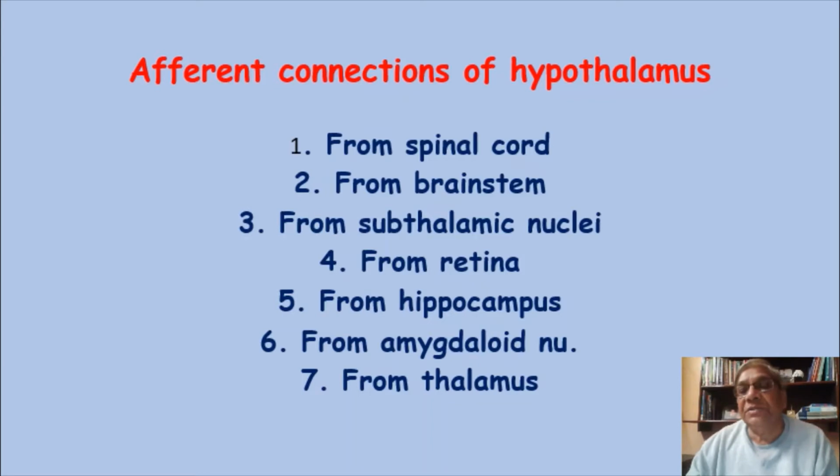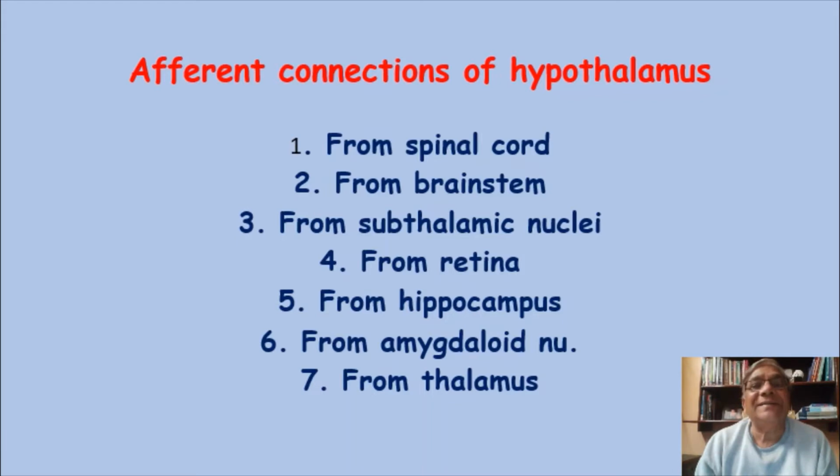Then we will learn its connection with the nuclei grouped as the subthalamic nuclei. And then its connection with the retina, to the suprachiasmatic nucleus of the hypothalamus. Then this hypothalamus is also connected with the hippocampus, the hippocampal formation, part of the limbic system.